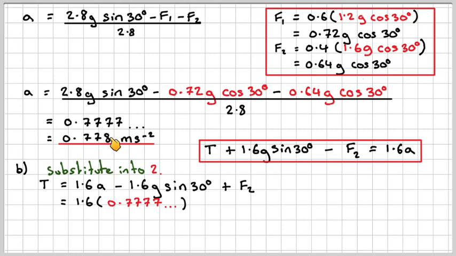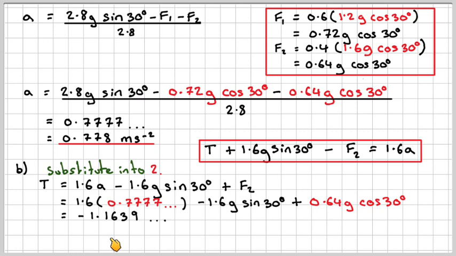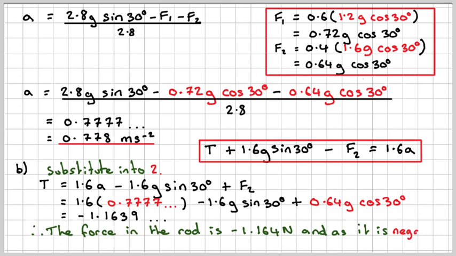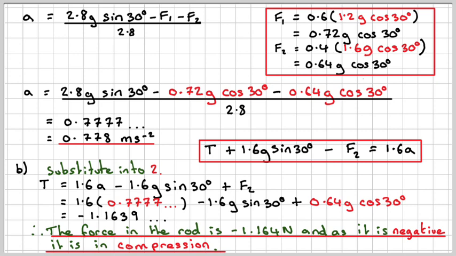Use the answer button on your calculator, provided you've not done any further calculation, minus 1.6 g sin 30 plus 0.64 g cos 30 for F2 from here. On my calculator, that will give me minus 1.1637. Because it's negative, the force in the rod is minus 1.16 newtons, and as it's negative, that means the rod is in compression.